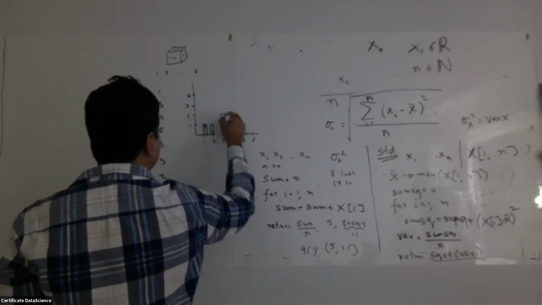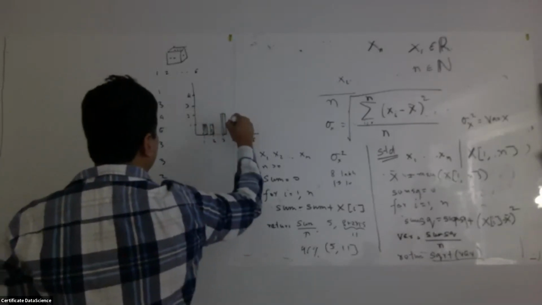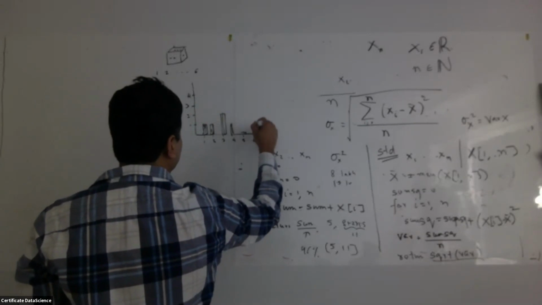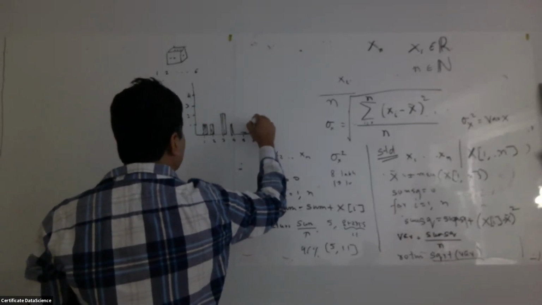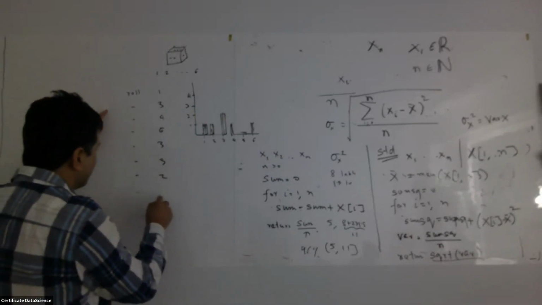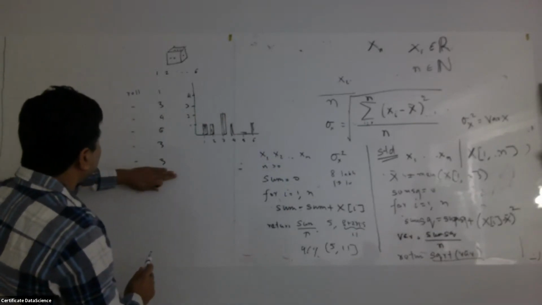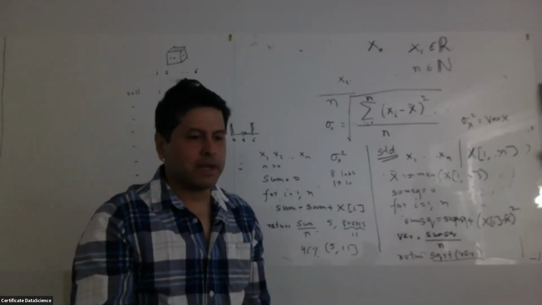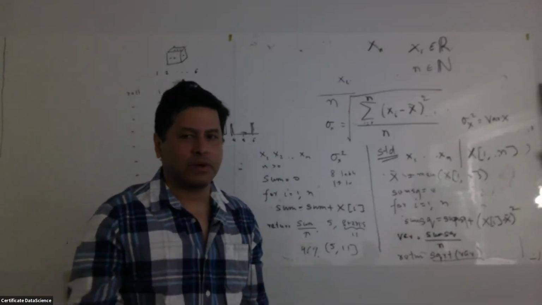So here you got a bar. For 4, you got one. For 5, nothing, 0. For 6, one. Well, in a perfect world, let's do a few more. In a perfect world, if the die is very fair, you'd expect 1/6 of each.